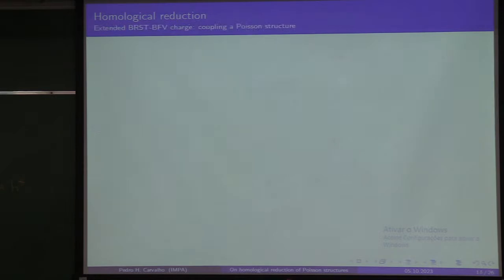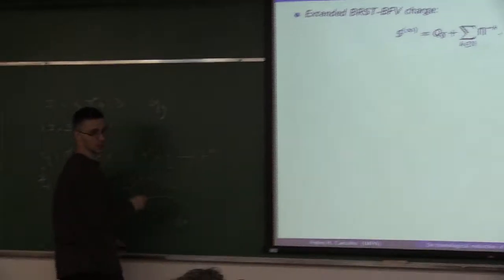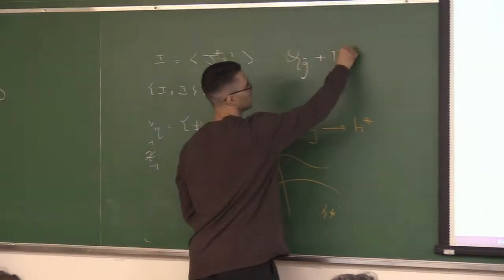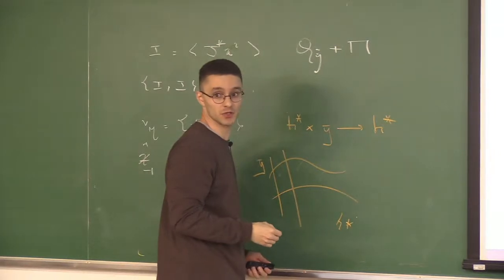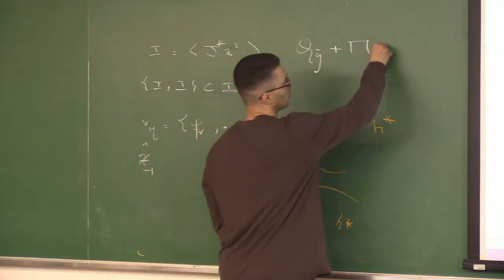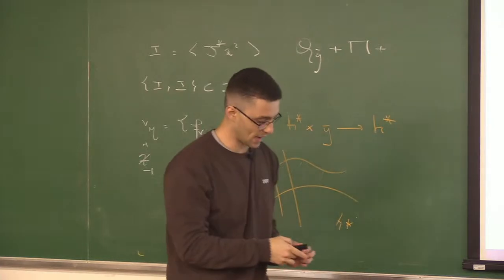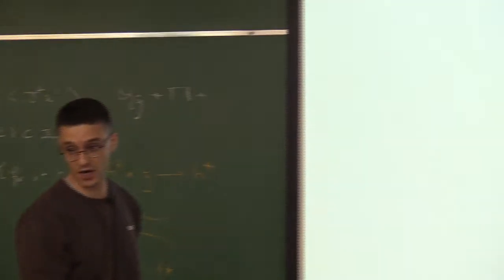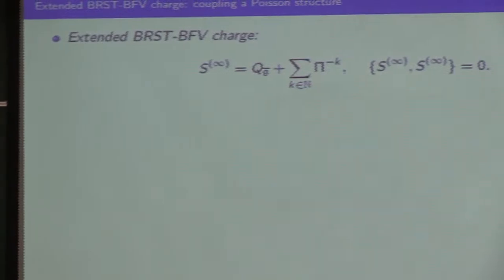And this is what I wrote here, what I'm calling the extended BRST BFV charge. It is actually the fact that you can find an element which is a formal sum that puts together, you start with this Q that knows about the reduction data, and then you consider Y that knows about the Poisson structure. Then you can complete it in such a way that this equation is satisfied. Okay, so this formal sum satisfies this equation.